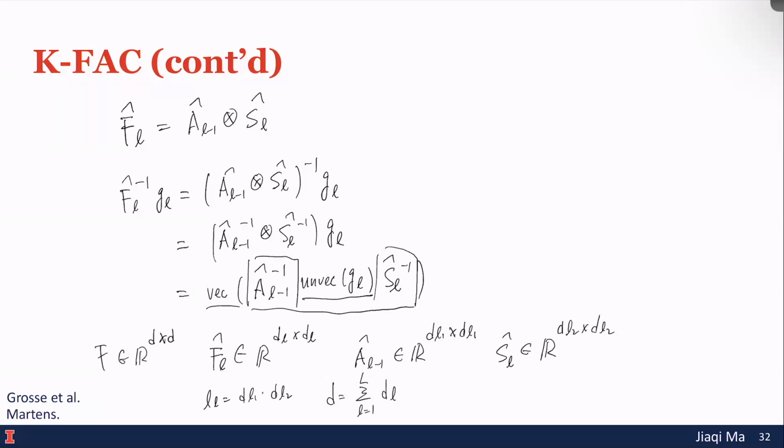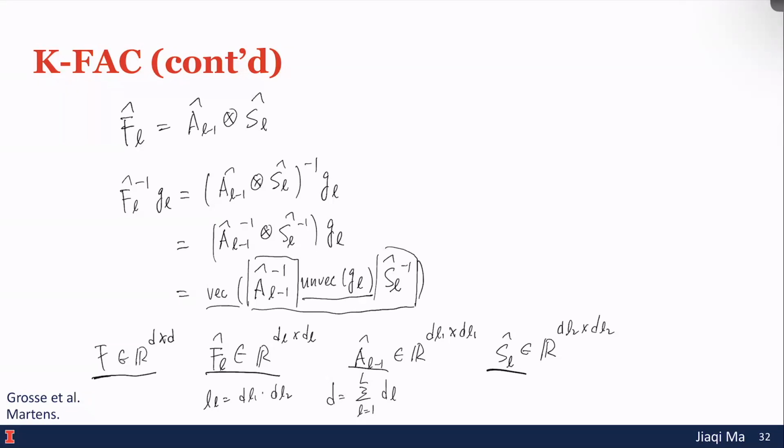So now instead of directly inverting F, by assuming this Kronecker structure, we can just invert these two matrices in sequence, which are much, much smaller than the original F matrix, and also much smaller than F hat, right?